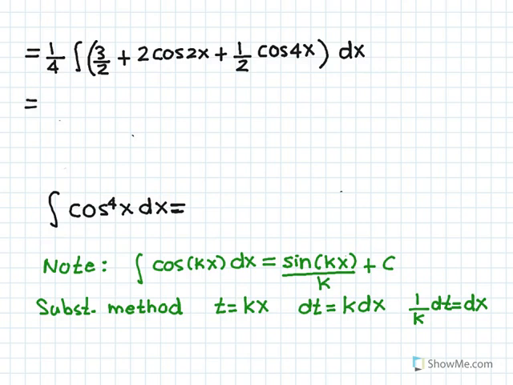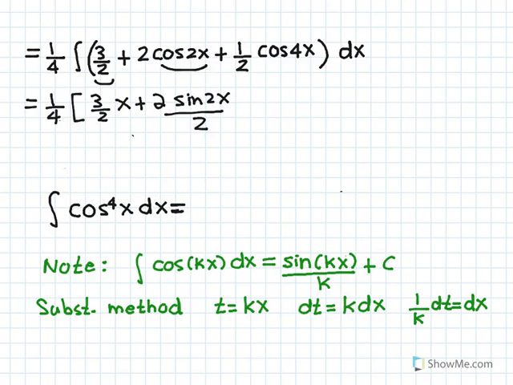So what we have is 1/4. Let's integrate. The integral of 3/2 is going to be 3 over 2 times x. The integral of cosine 2x, we reverse the chain rule. We get 2 times sine 2x divided by 2. That's just the substitution rule or reversing the chain rule. For the same reason, the integral of cosine 4x is going to be sine of 4x divided by 4, plus c.